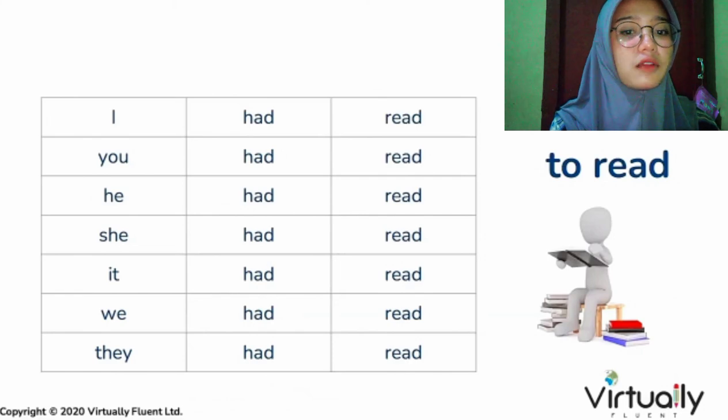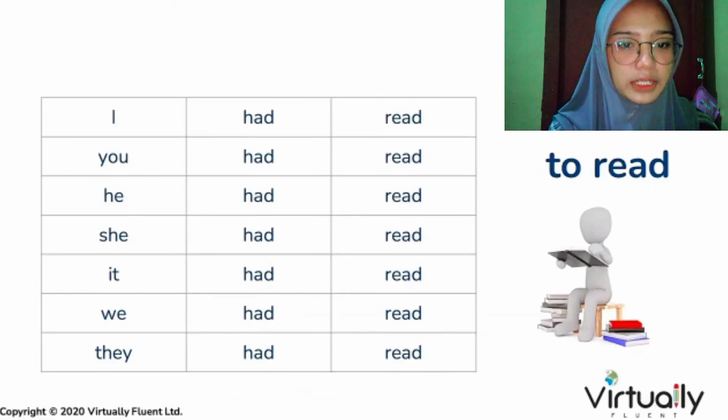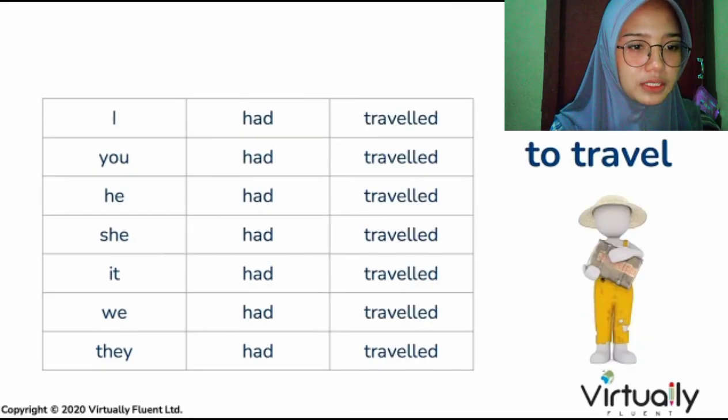It is a little confusing because read is exactly the same in its past participle form, but the pronunciation is "red". I had read. You had read. Let's take another regular verb, for example, travel. I had traveled.